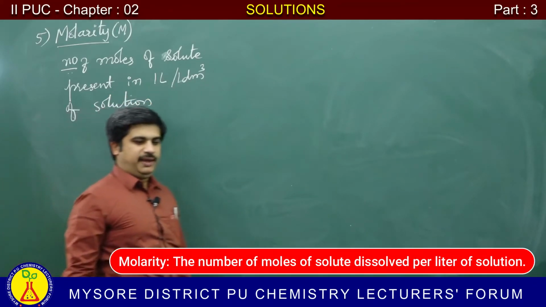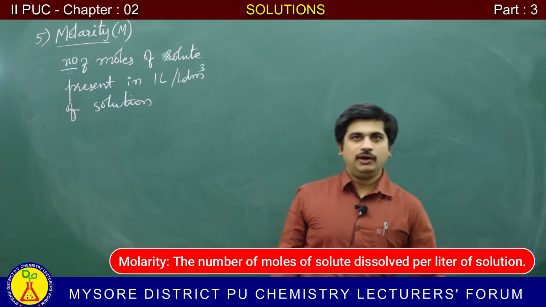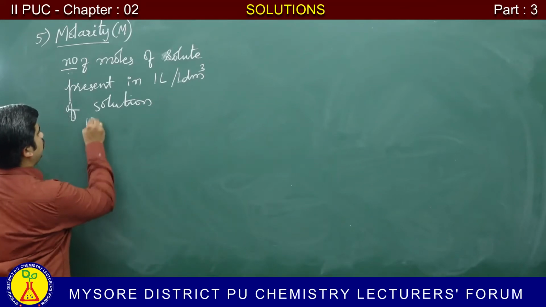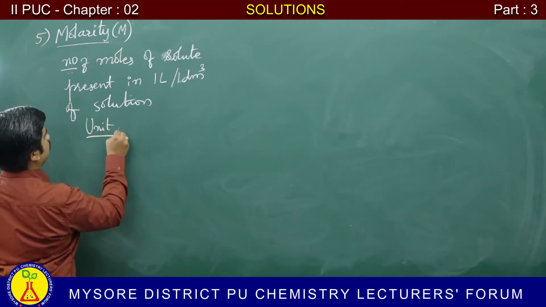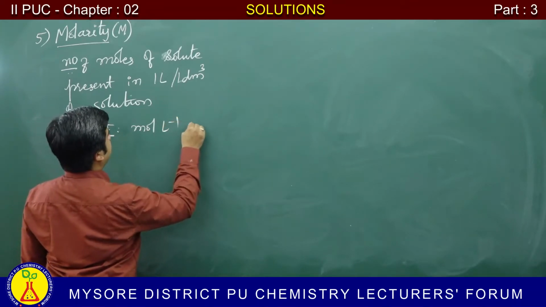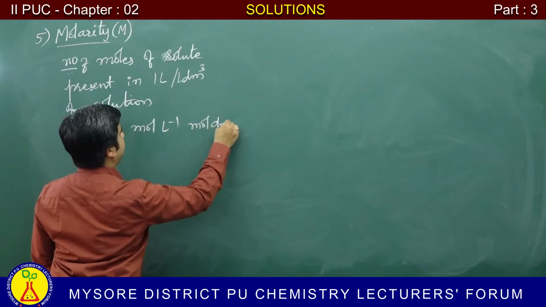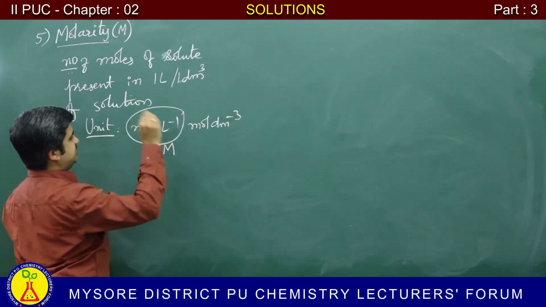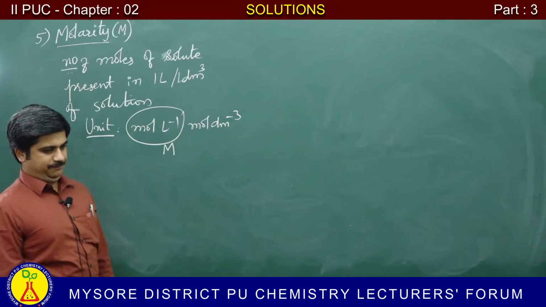This is what we mean by molarity. Okay. Now, the unit for molarity is mole per liter, or we write mole per dm cube. This itself is designated as capital M.